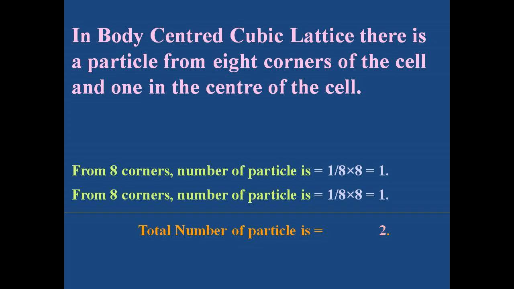Thus, from 8 corners, the number of particles is 1/8 × 8 = 1, and from the center of the cell, the number of particles is 1. Thus, the total number of particles is 2. Thus, in BCC, the number of particles per cell is 2.